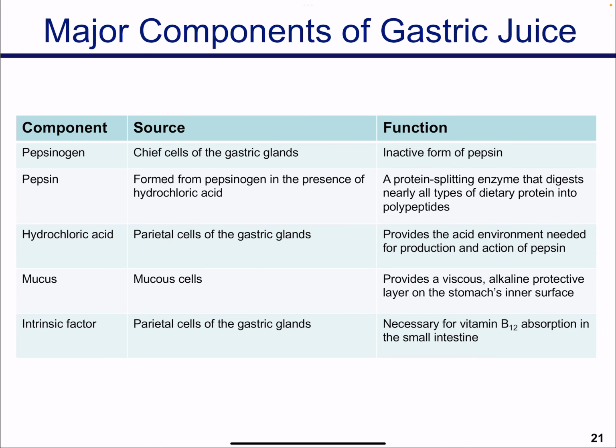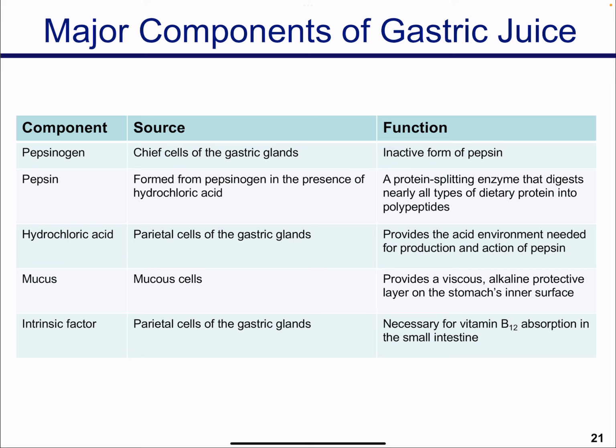Now, let's take a look at the gastric juice. The gastric juice contains a bunch of different things. You're going to have water. You're going to have some salts. You're going to have some enzymes. Now, let's be a little more specific here.